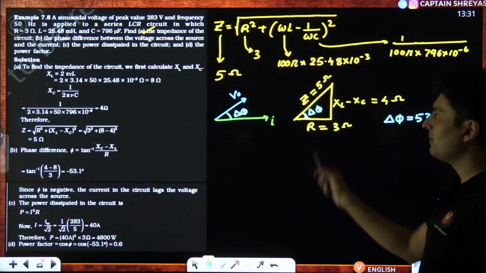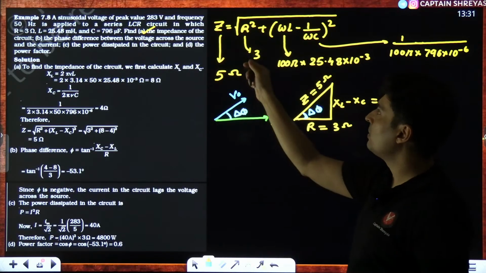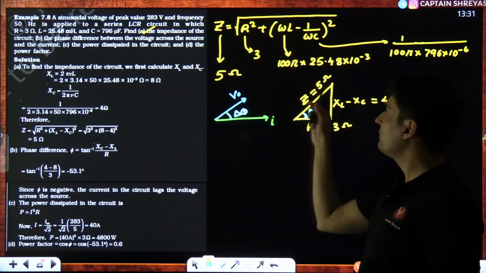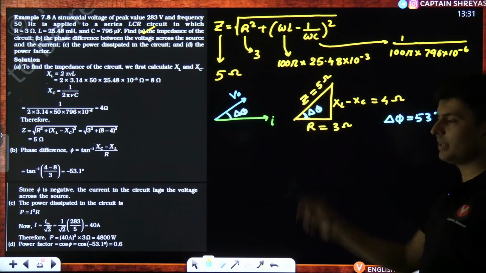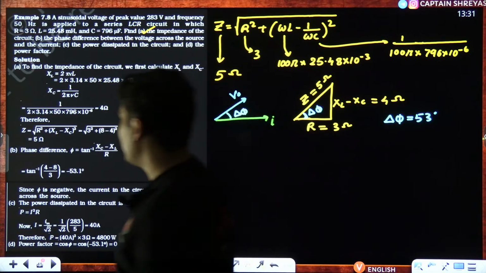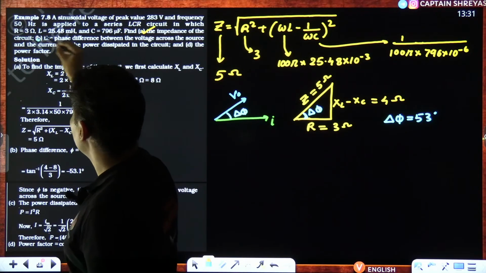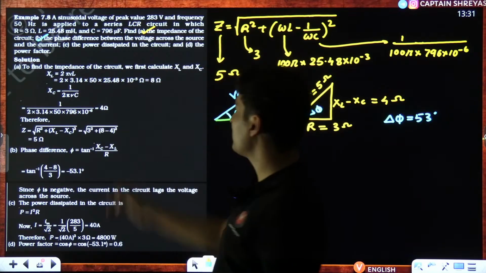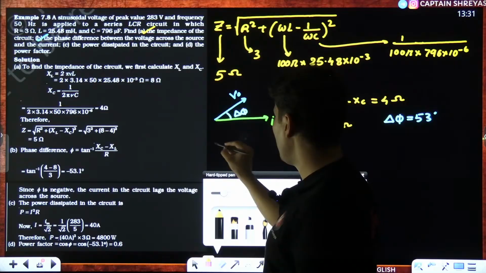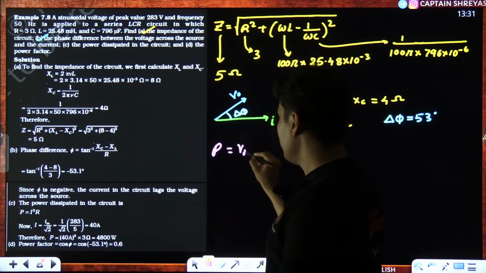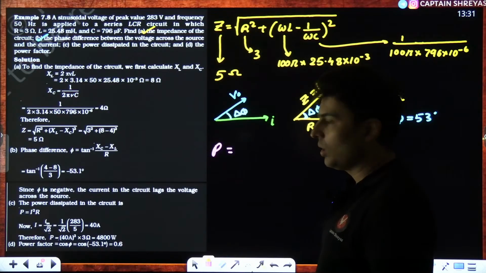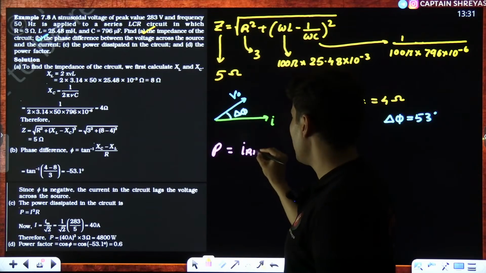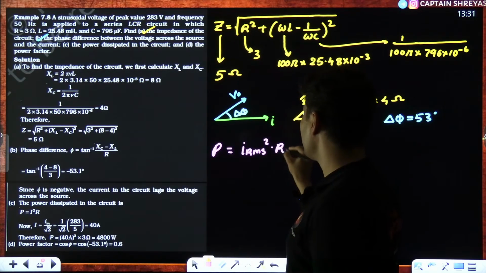3, 4, 5 triangle. 3 was given to me, resistance is 3. Z we found out. Obviously this should be 4, na? This is a right angle triangle. 3, 4, 5. Directly done. So phase difference calculated. The power in the circuit. For calculating the power, you use VRMS, IRMS into cos phi, or you can also use IRMS square into resistance.